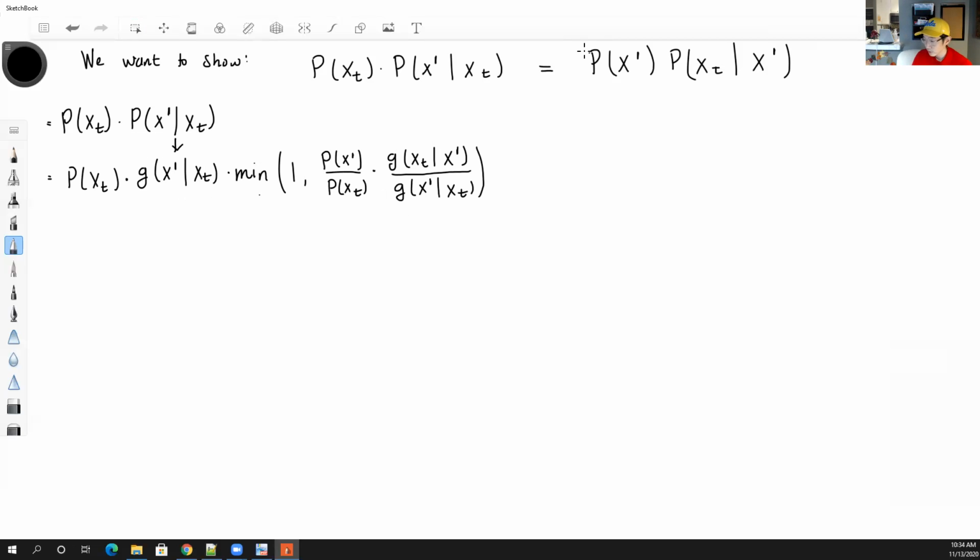Now what I'm going to do is replace the 1 here with p of xt over p of xt. So I replace 1 with p of xt divided by p of xt.